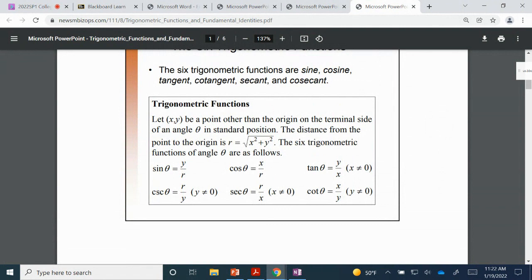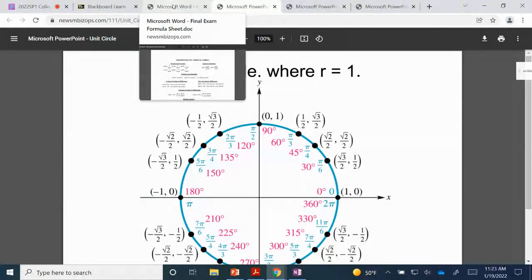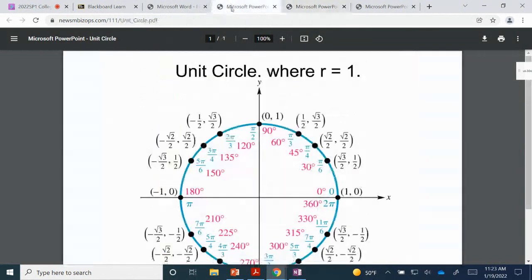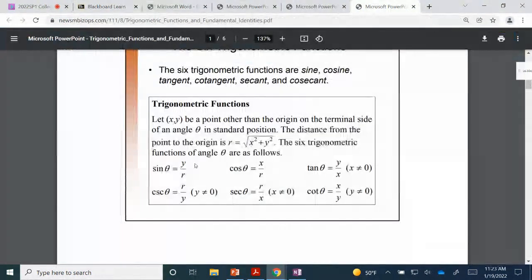When we talk about the unit circle, and I'm going to bring that document up, in the unit circle, r is equal to 1. So if we go back momentarily to our actual formulas, notice that r would be 1.